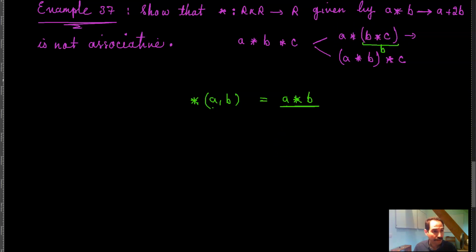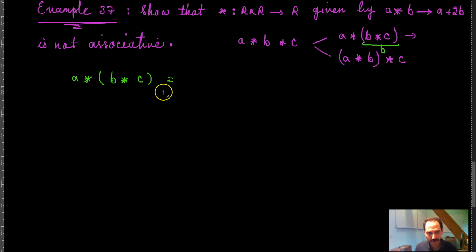The same thing applies to (A star B) star C: first calculate A star B, whatever that might be, and then take the star of that and C. We said A star B is A plus 2B, which means B star C is B plus 2C.